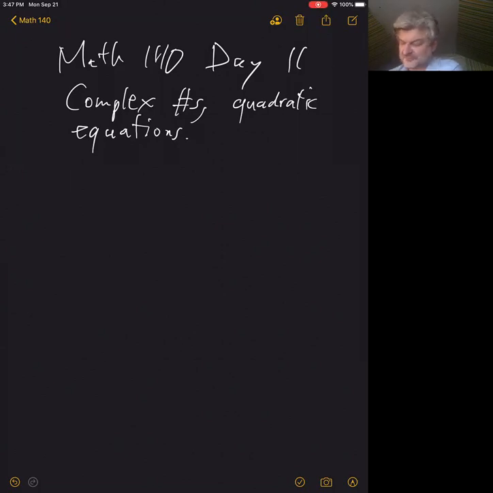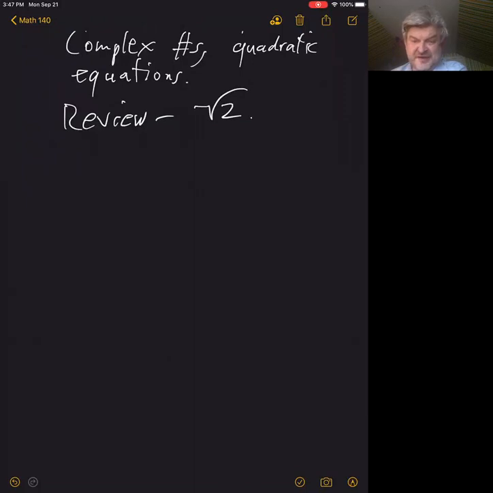So to begin with, I think it's best to start with a review of the shock that was the square root of 2. We have a perfectly fine equation, x squared minus 2 is 0, and there's no integer, not even a fraction that solves that equation.